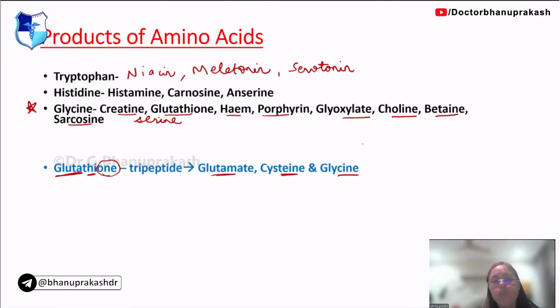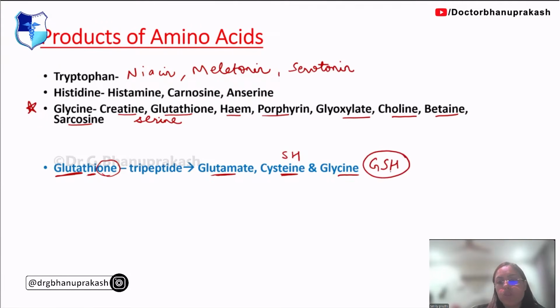Gluta means glutamate. Thia means cysteine because it has sulfhydryl group. So we represent glutathione as GSH with the sulfhydryl group, which is very important in it. And glycine. One stands for the simplest, smallest amino acid, glycine.